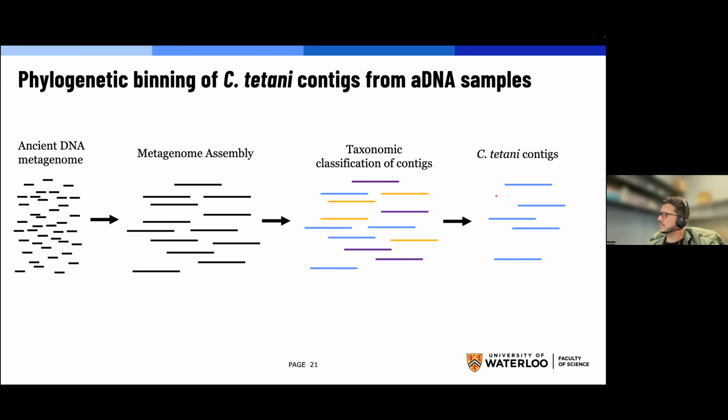So you can take these contigs, blast them against the reference database and ensure that their closest match is C. tetani, and even ensure that they are within a certain percentage identity range. This almost guarantees that you end up with a highly accurate pool of contigs that are C. tetani.